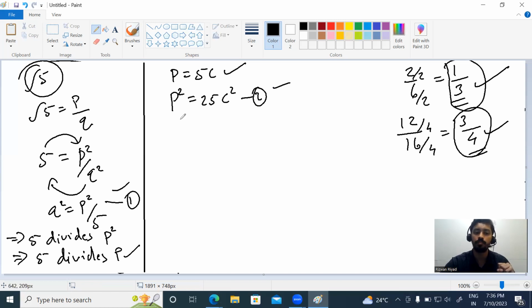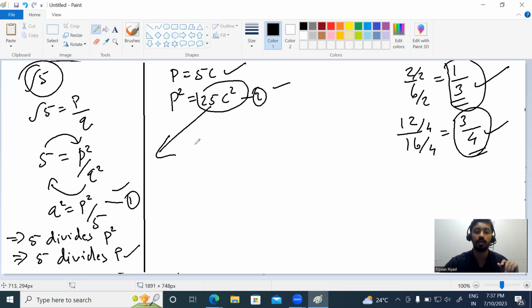Both of these equations contain p square, right? In equation 2, you have p square. In equation 1 also you have p square. P square is common, so you can substitute. According to equation number 2, p square equal to 25c square. You can substitute this value of p square, 25c square, in the first equation.